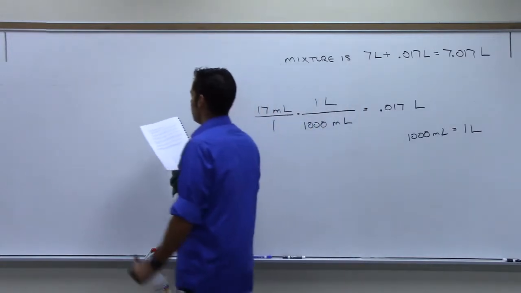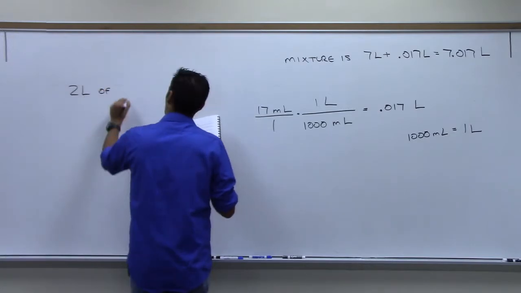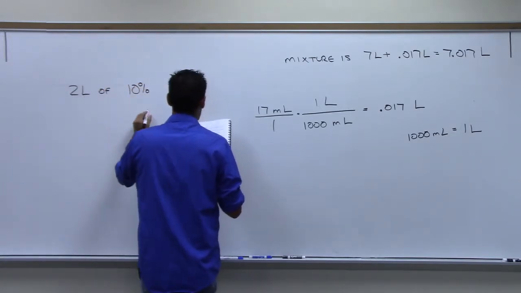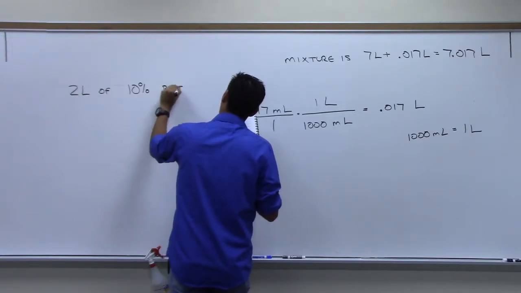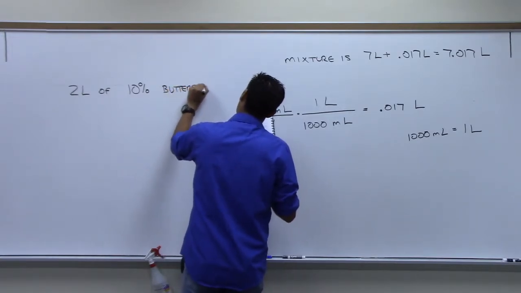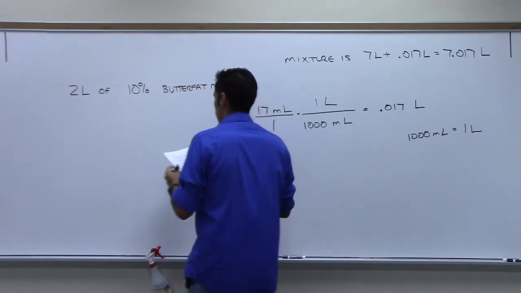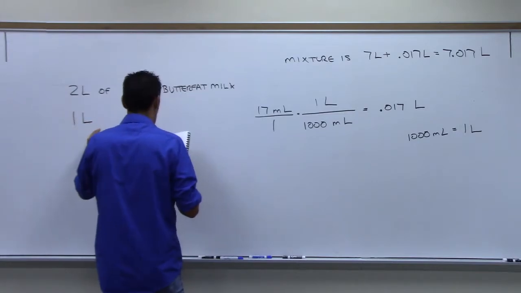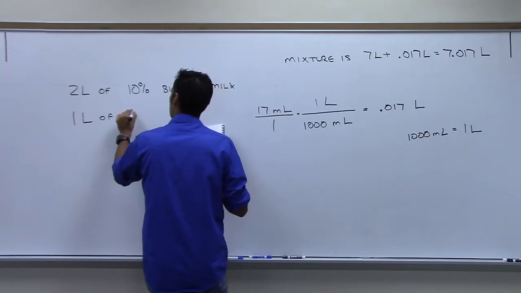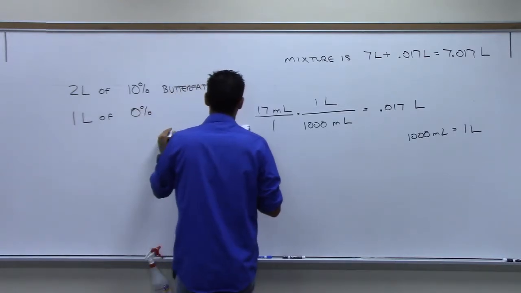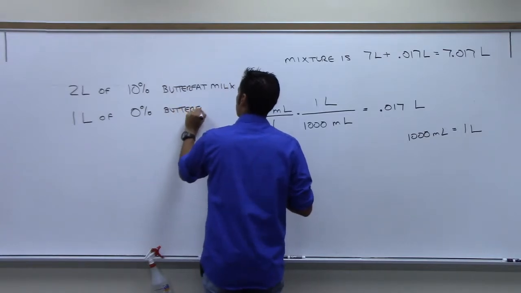If there is a mixture of 2 liters of 10% butterfat milk, okay, and 1 liter of 0% butterfat milk, also called skim.